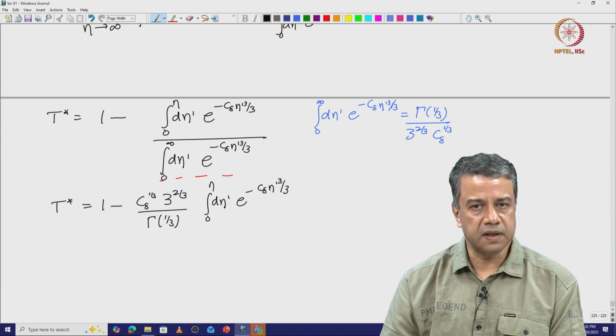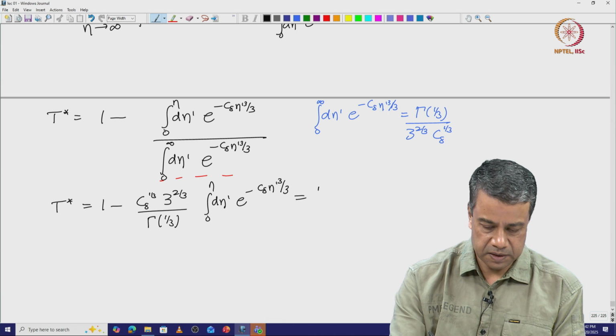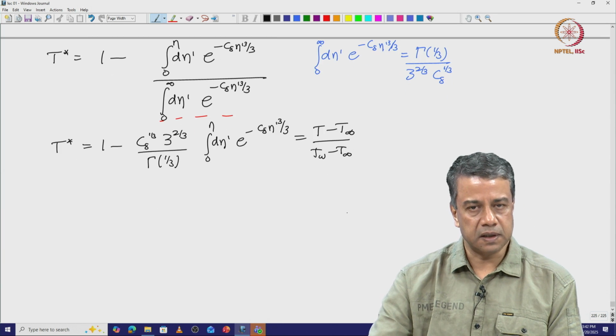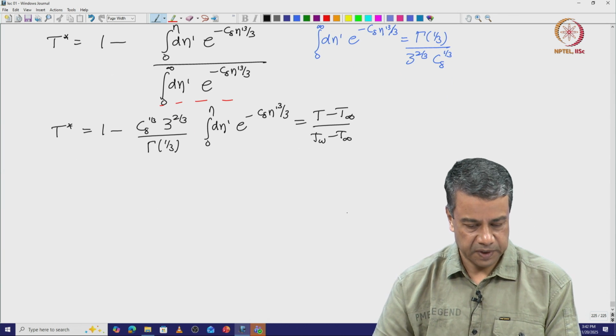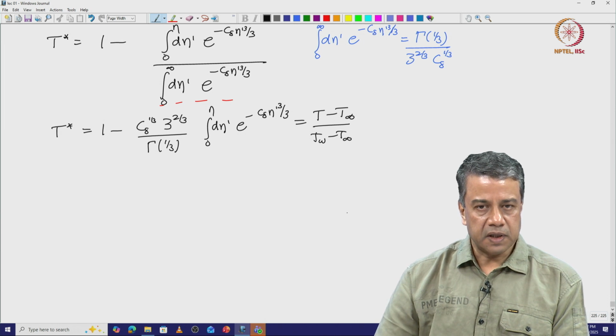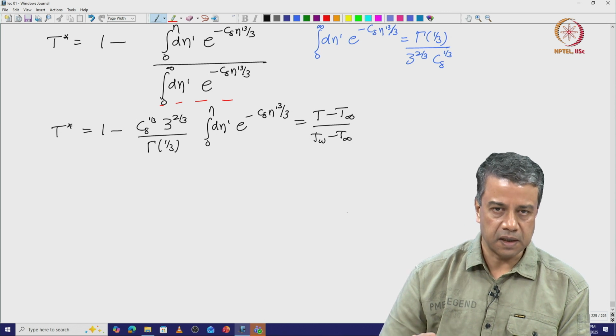So, this is the final equation for the temperature field in terms of eta. This is T minus T infinity by T wall minus T infinity. Now, we can make an important point here with respect to eta and z and x.